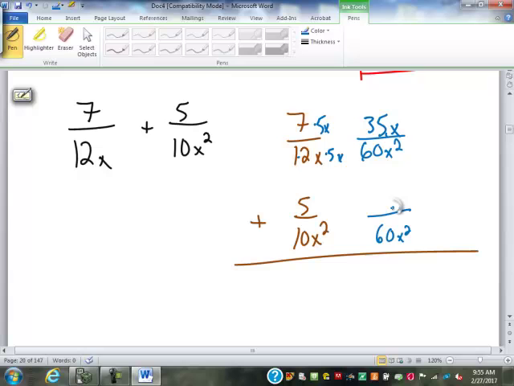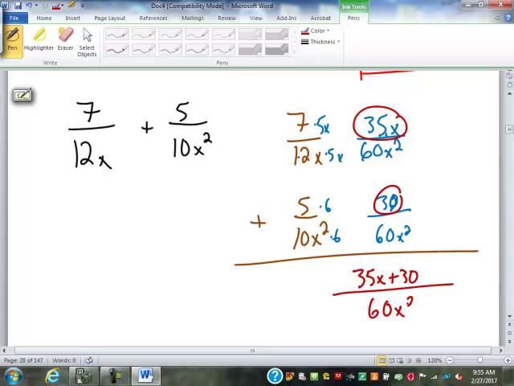What's this become? 30. All I do is 10 times 6. The x squared is already there, so 5 times 6 is 30. So we've got 35x plus 30 over 60x squared.